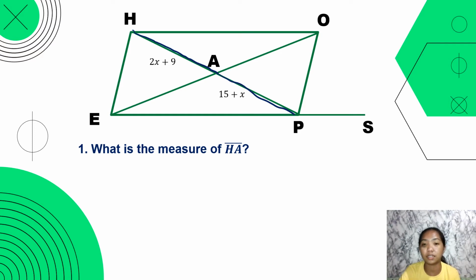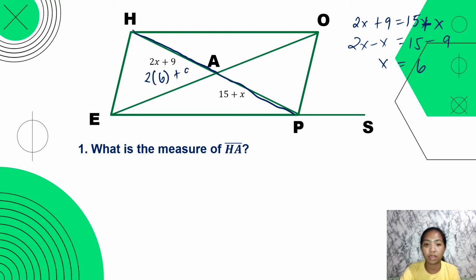So we will just equate 2x plus 9 is equal to 15 plus x, since they are equal. So we have 2x minus x equals 15 minus 9. We have x is equal to 6. And then if we substitute 6 for x, we have 2 times 6, that's 12, plus 9, that's 21. So your HA is 21.